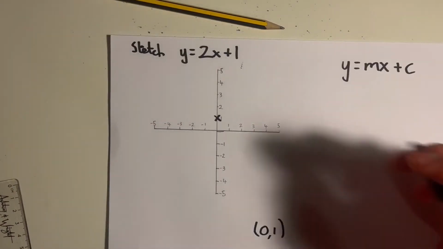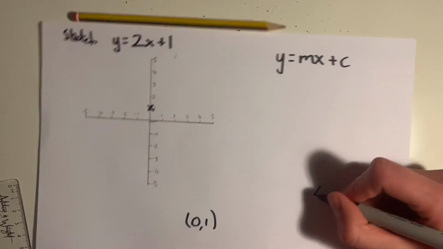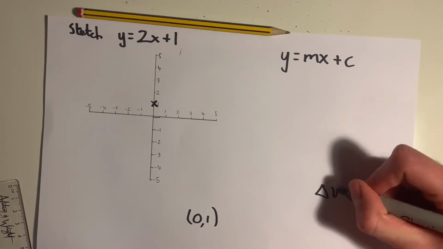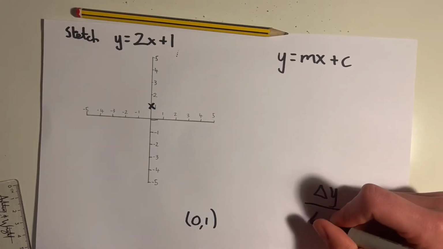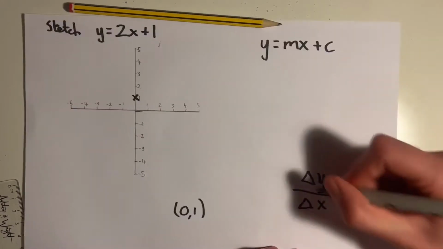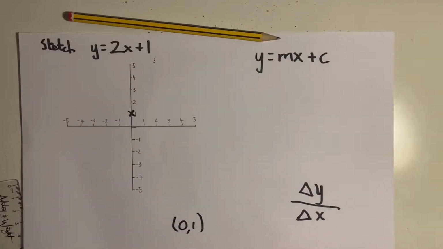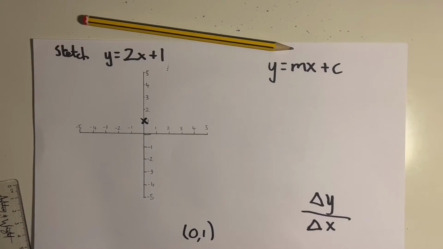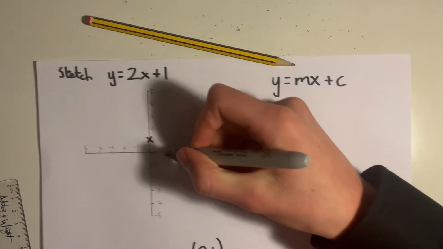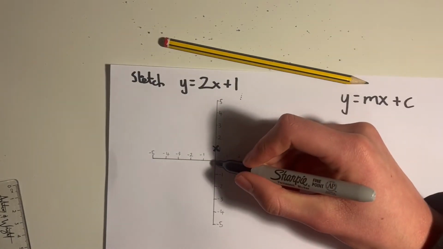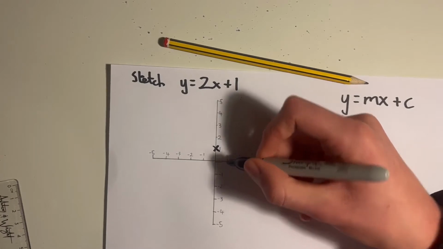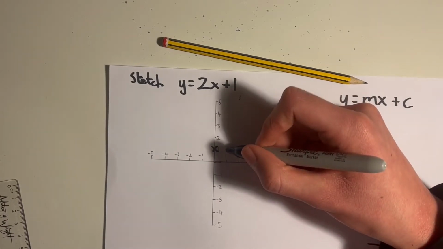And the gradient is basically change in y over change in x. This triangle just means change in. So when x increases by 1, y will increase by 2.